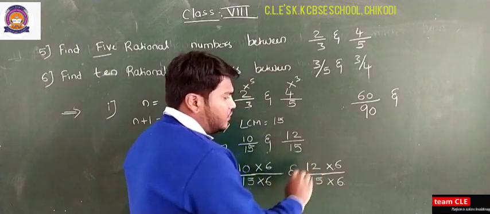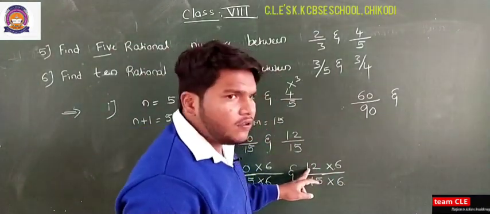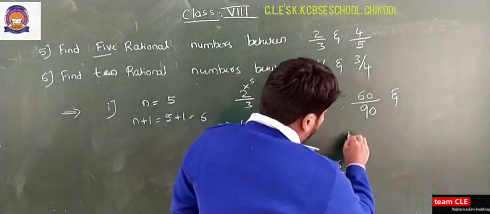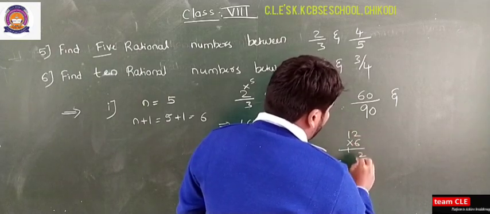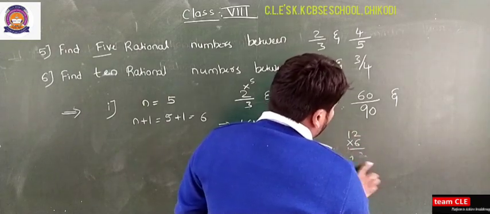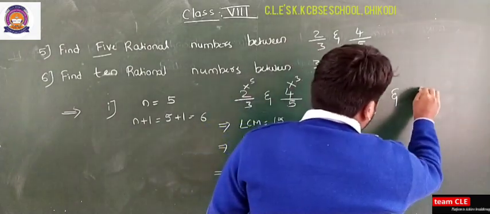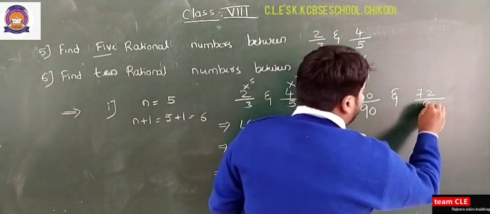And 12 6s: 12 5s are 60, and 6 2s are 12, and 6 1s are 6, that is 72. So 12 6s are 72, and 15 6s I get as 90.